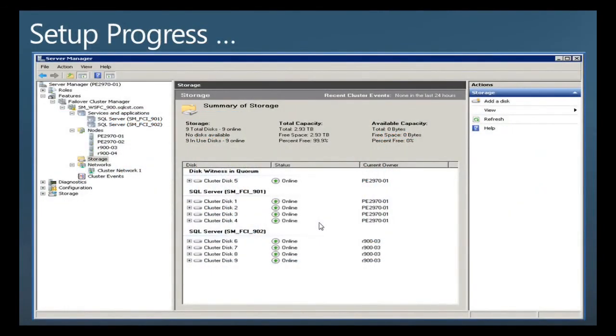Now you can see that in this Windows Failover cluster you have 2 SQL Server failover cluster instances, and each of them has a bunch of cluster disks, and every disk is online.